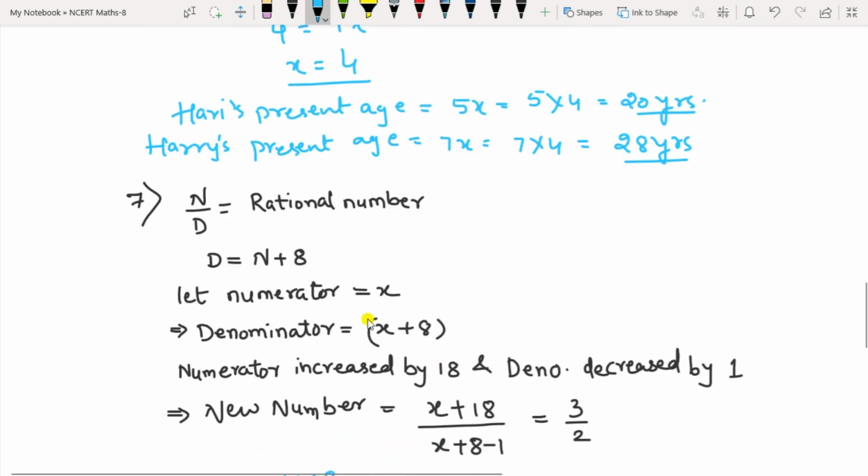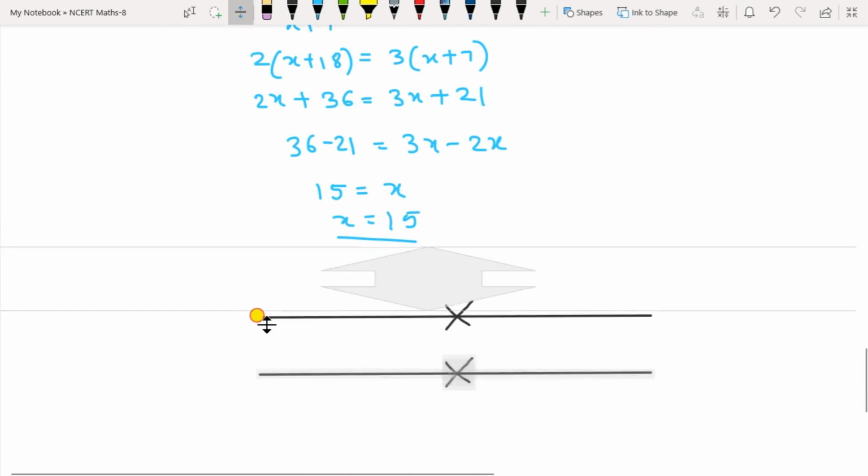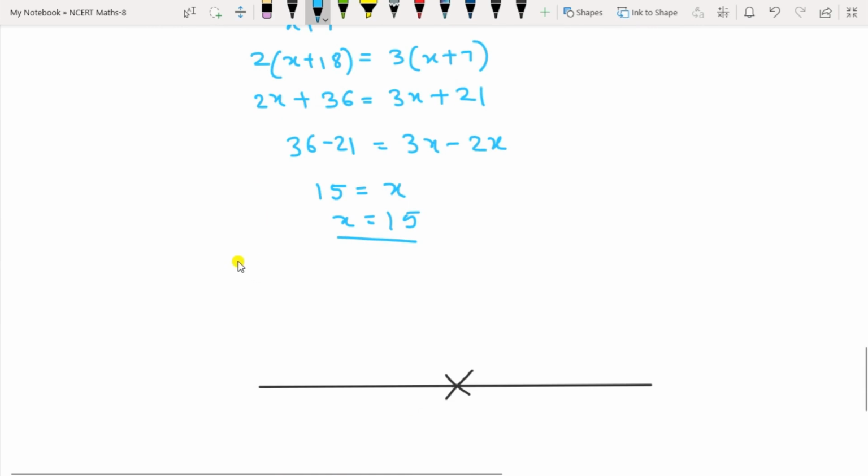So what was x here? X was the numerator. To find the denominator, we have to add 8 to it. So you can write it here as numerator x equal to 15.